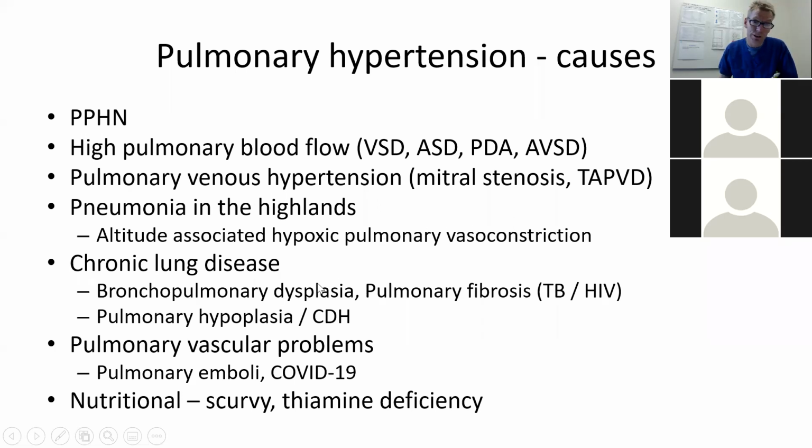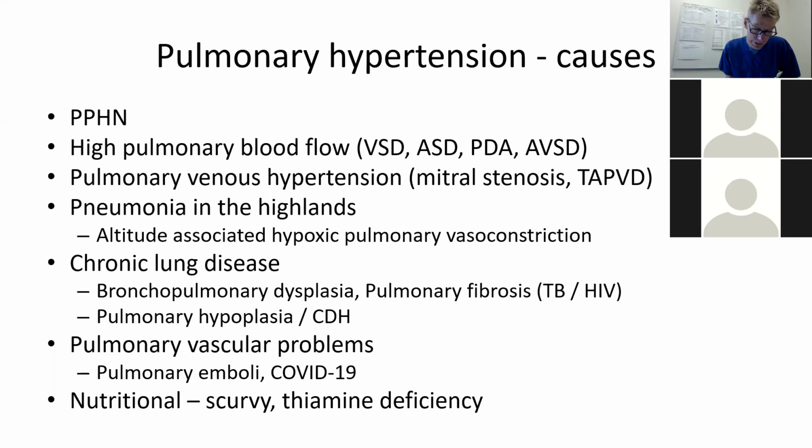Then there are the children that have some form of chronic lung disease, and they can have pulmonary hypertension just like old people who've got chronic lung disease can have cor pulmonale or right heart failure. That's because of pulmonary hypertension.